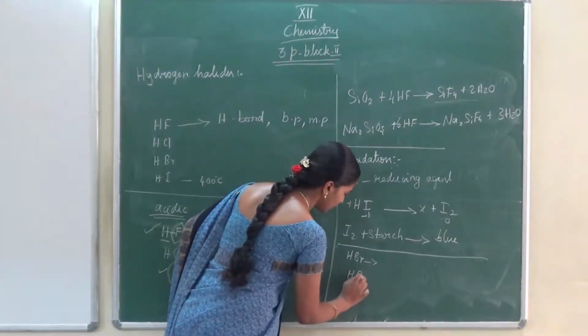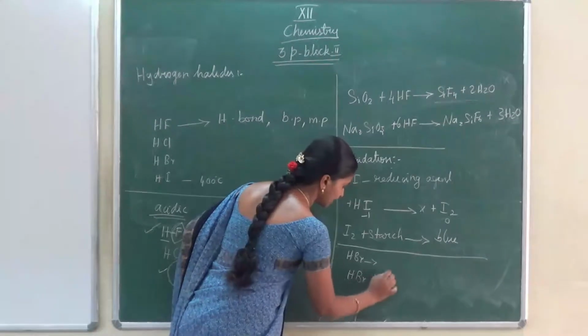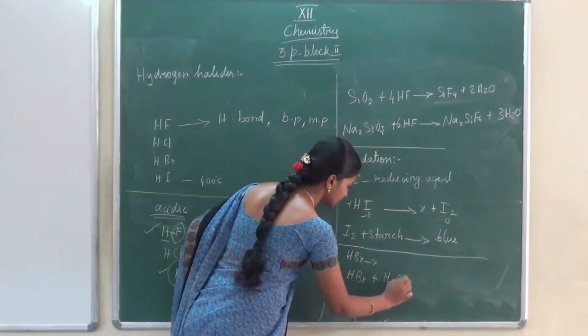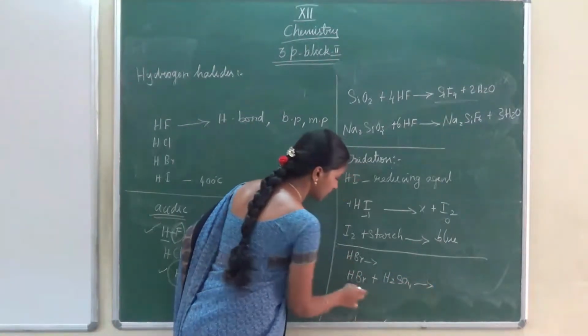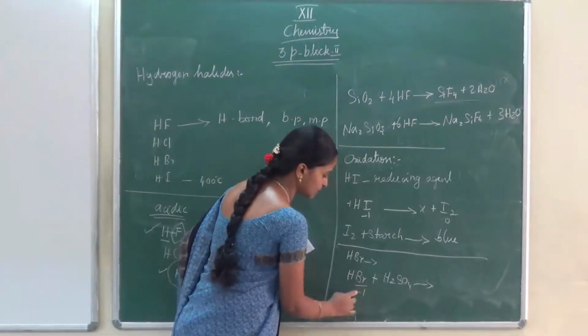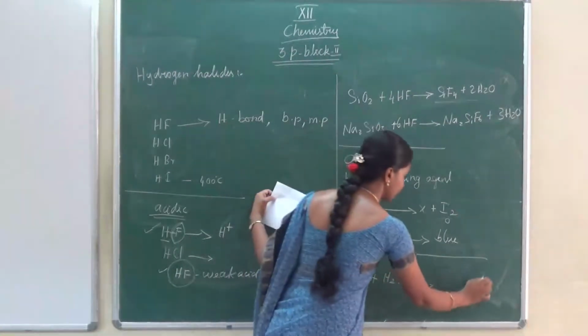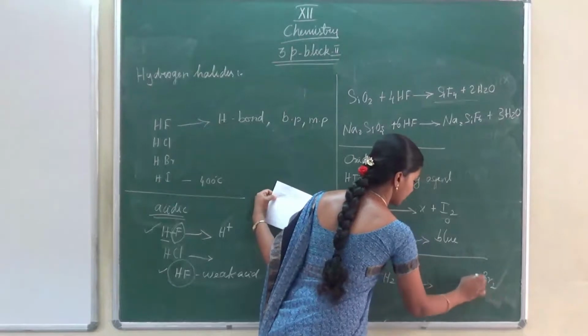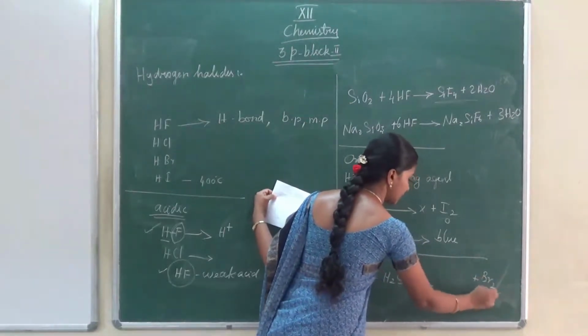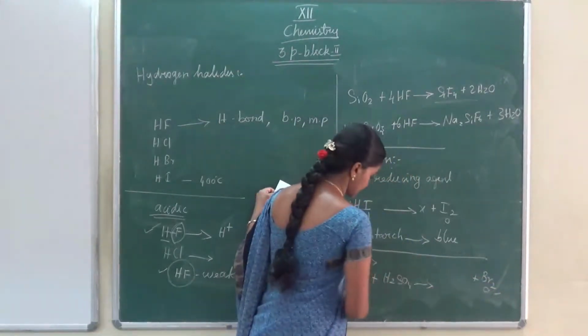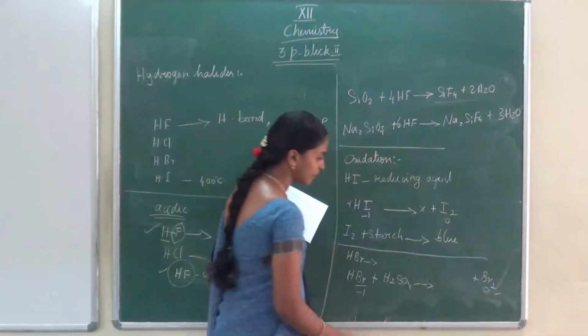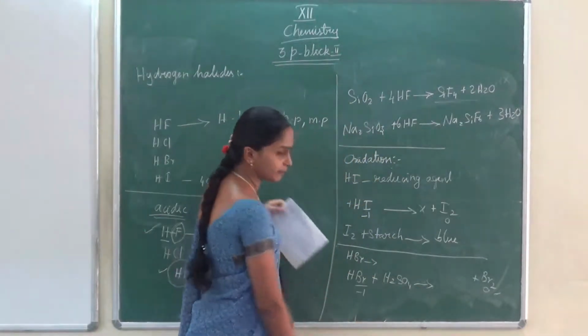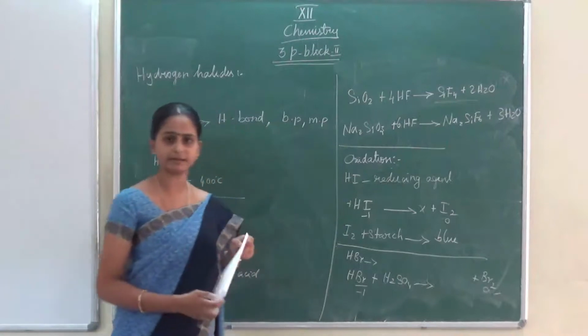In order to oxidize this HBr, we add H2SO4, so that the Br, whose oxidation number here is -1, is converted into Br2, where the oxidation number is 0.